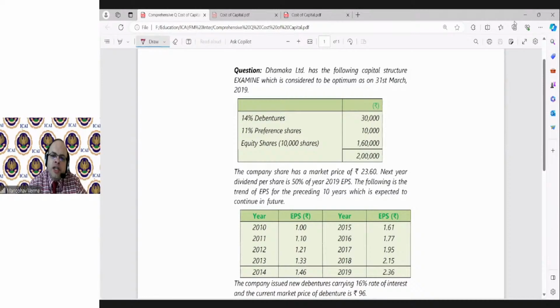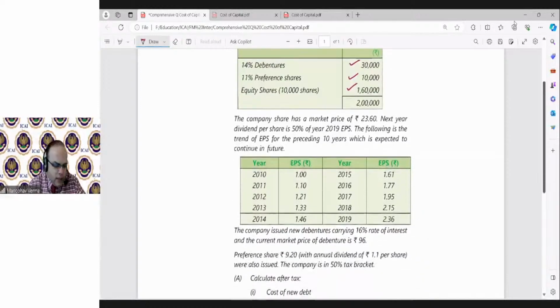Okay, so what is the capital structure given right now? And the company has a market price of 23.6.